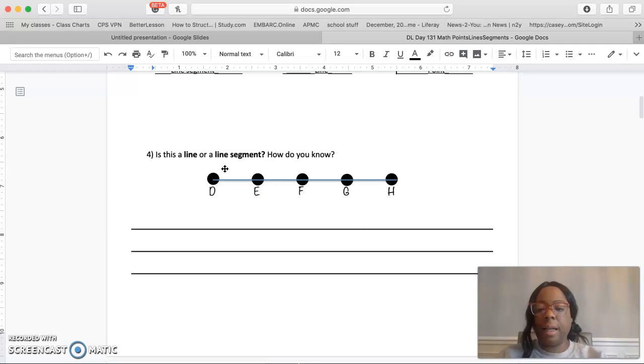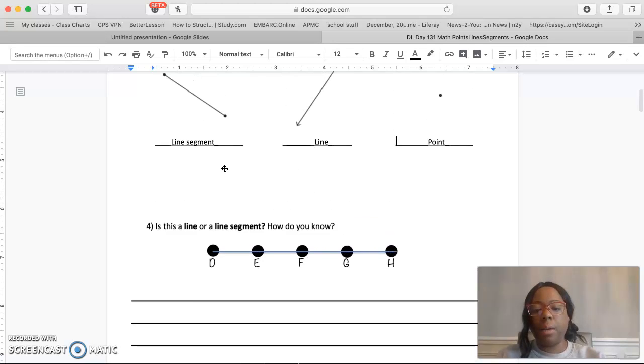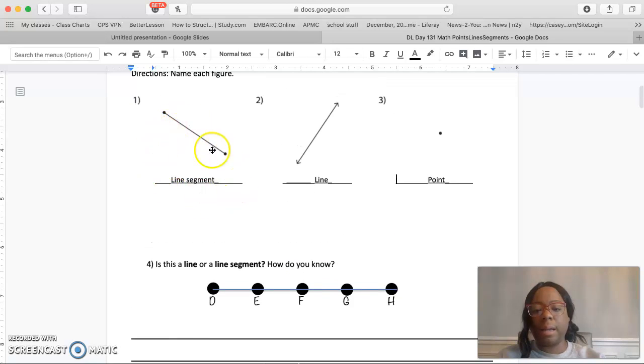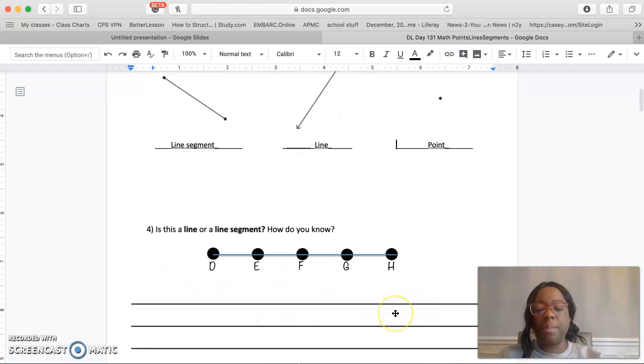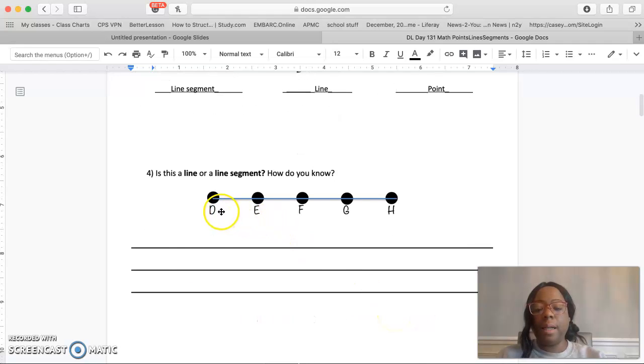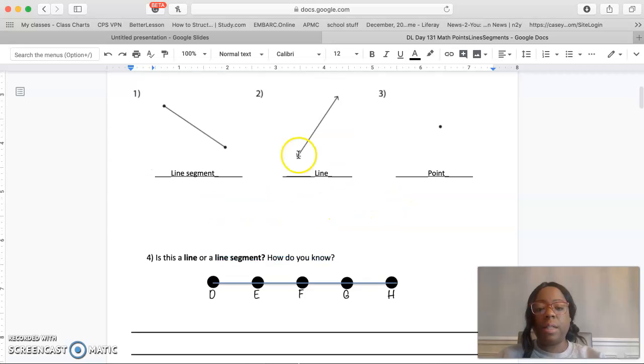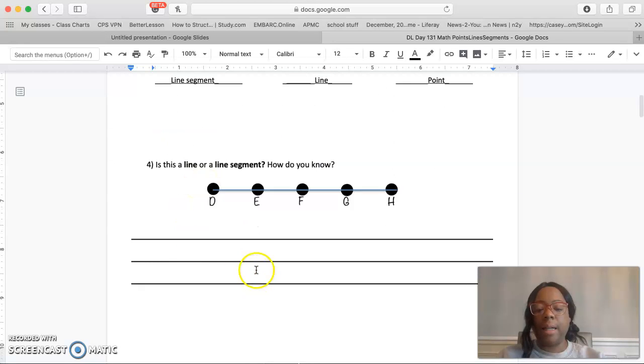Question number 4. Is this a line or a line segment? Now, if we scroll back up and we look at what a line segment looks like and what a line looks like, what can we describe this as? Now, I see a point, a point, a point, a point, and a point. I don't see any arrows, so I know that this is a line segment.